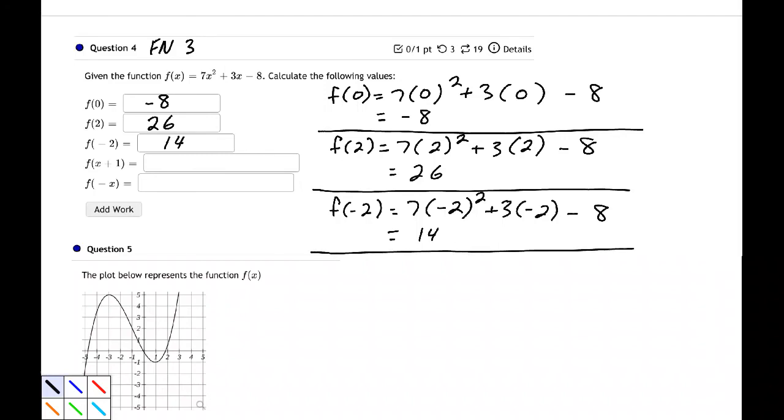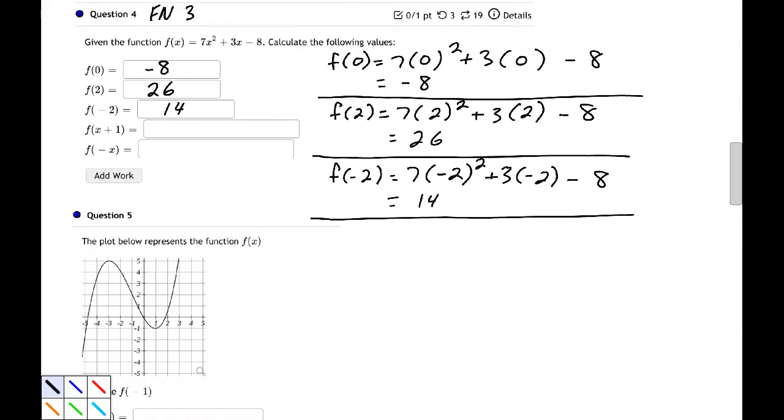Now, the last two parts of this are to determine f of x plus 1 and f of negative x. These two may take us a little longer. So f of x plus 1 equals 7 parentheses, open parentheses, x plus 1 close parentheses squared plus 3 open parentheses x plus 1 close parentheses minus 8.